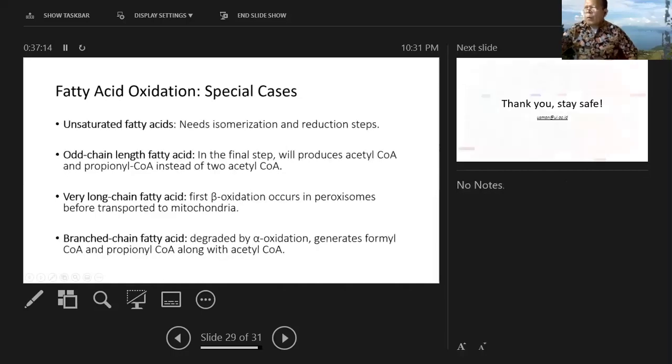Now let's have a look at the special cases of fatty acid oxidation. The first one: unsaturated fatty acids need isomerization and reduction steps.